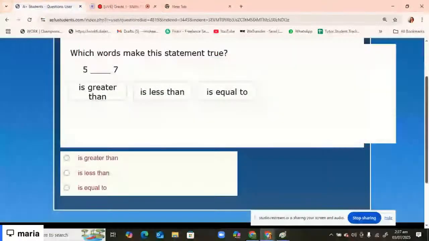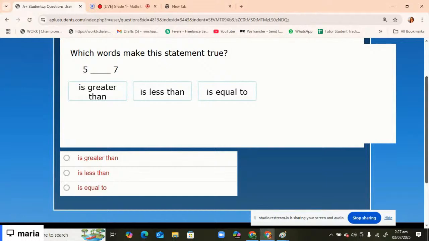Which word makes the statement true? 5 and 7. So 5 is less than 7, greater than 7, or equal to 7? So 5 is less than 7.